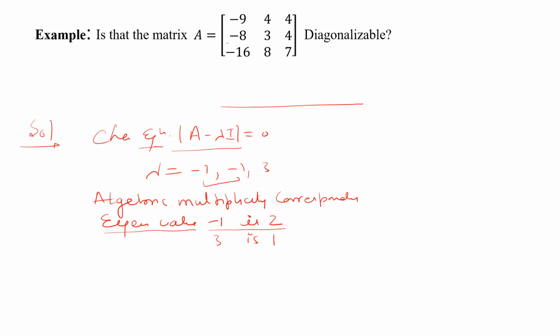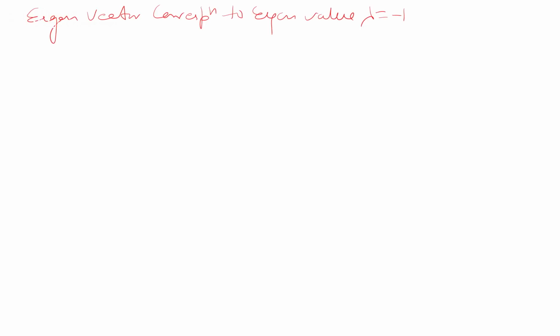So we find the eigenvector corresponding to eigenvalue lambda equal to minus 1. We write A minus lambda I times a vector x1 corresponding to minus 1 equal to 0.